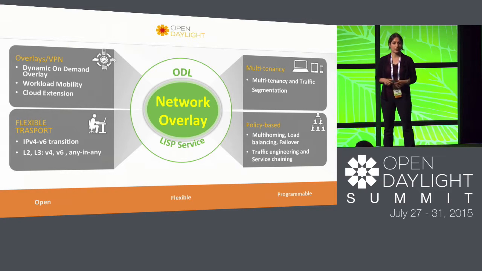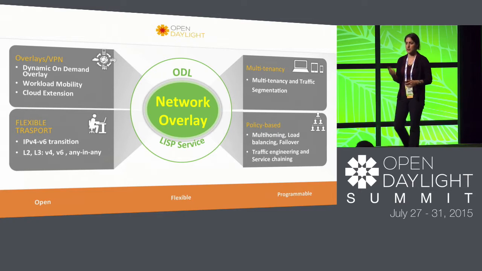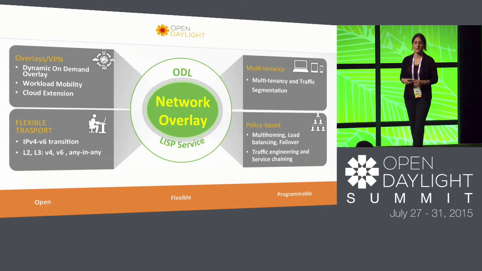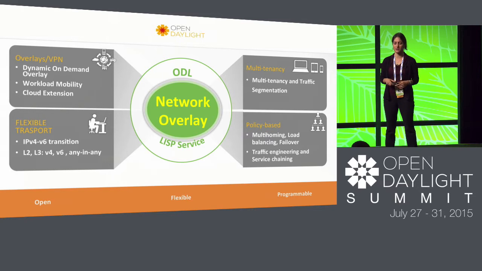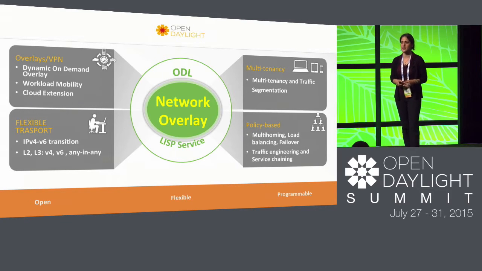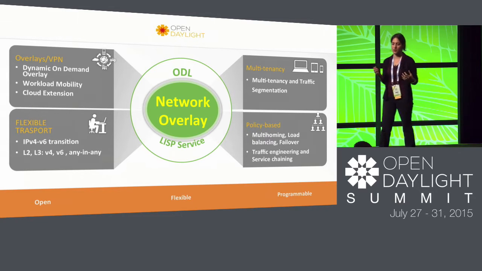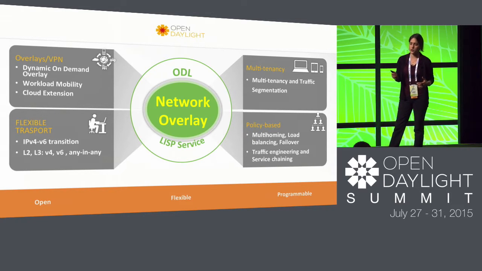And lastly, traffic engineering, including service chaining that we'll talk about. In fact, HP's Contextream just gave a talk yesterday, and they're using the Lisp mapping layer as a core piece of their architecture for doing advanced carrier-grade traffic engineering policies and service chaining.